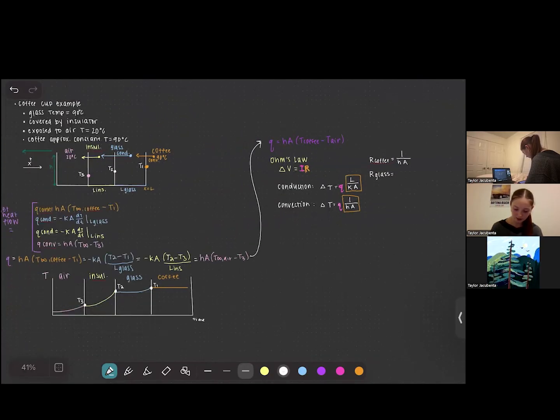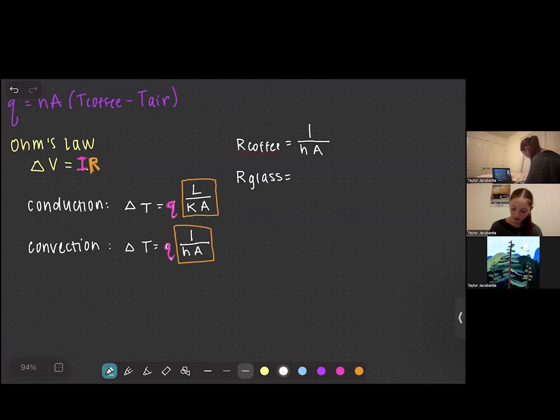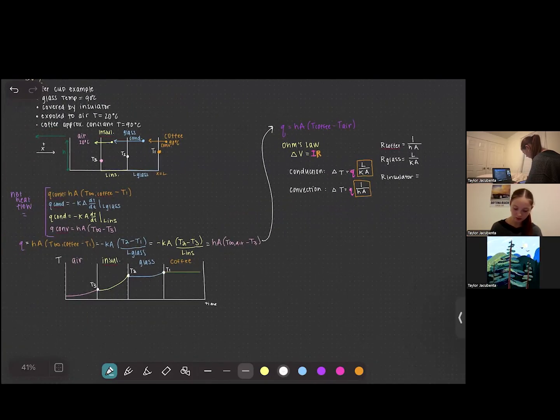And as we said, that is due to conduction. So that will be the length of the glass, so how thick the glass is, times the thermal conductivity multiplied by the area. We have the resistance of the insulator, which, as we said, was also conduction.